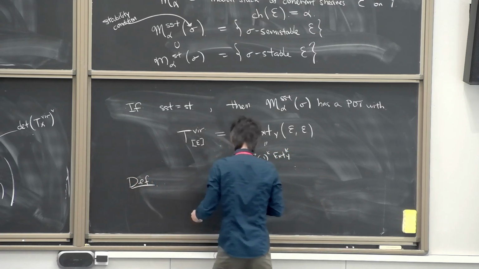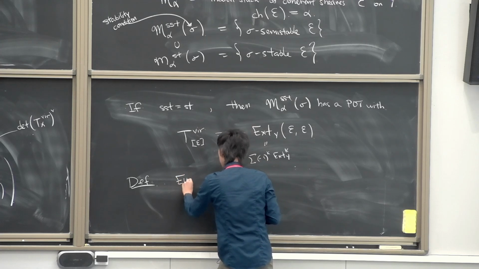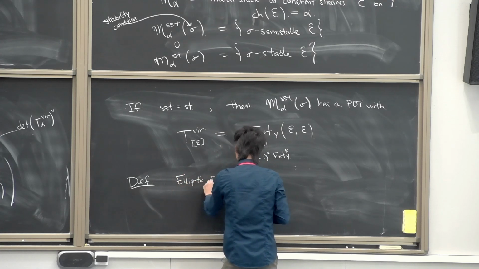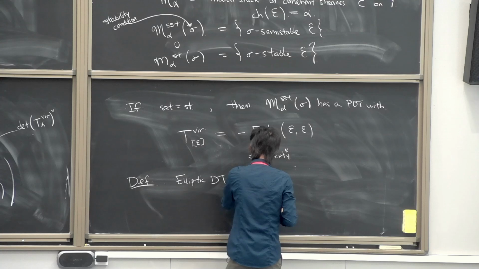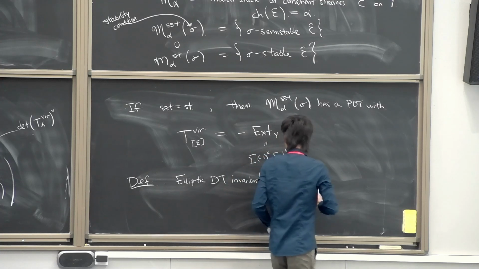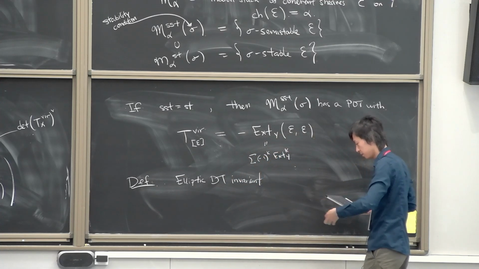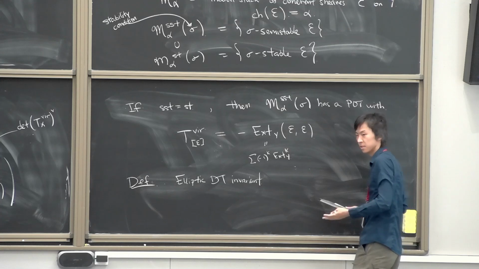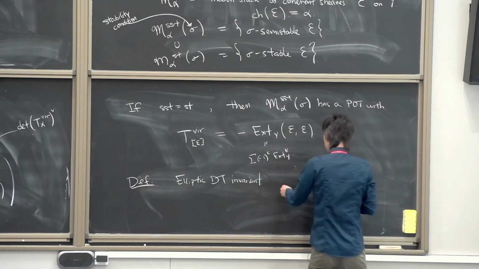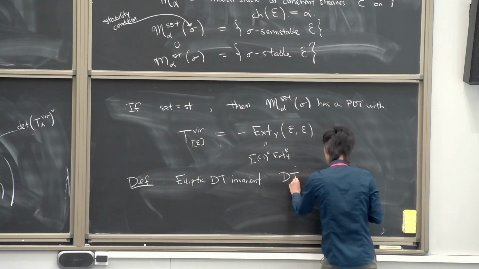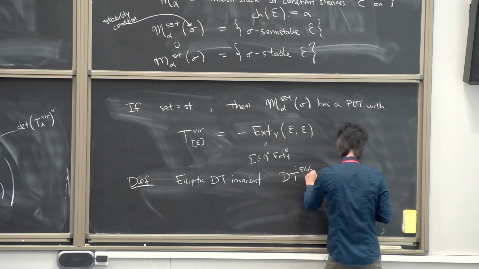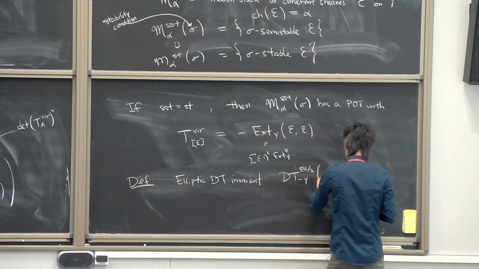So in this kind of setting, you can define the so-called elliptic DT invariant, which I think these days is starting to be studied by both physicists and mathematicians. And this elliptic DT invariant is just DT elliptic over 2 minus y of alpha and sigma.